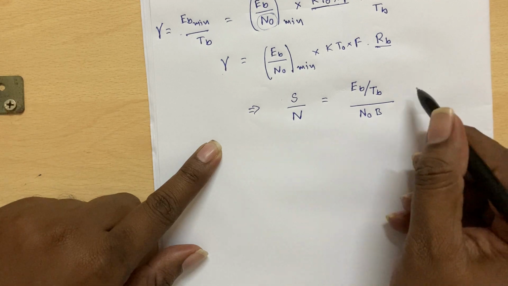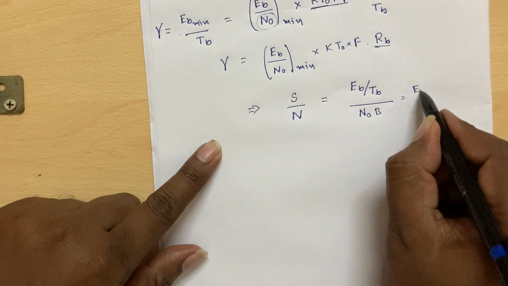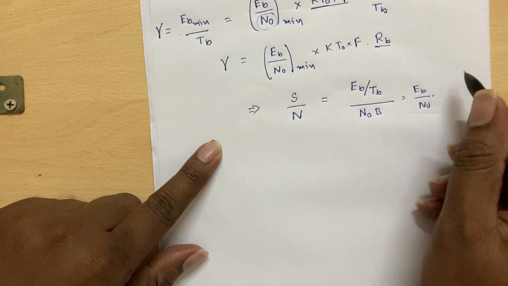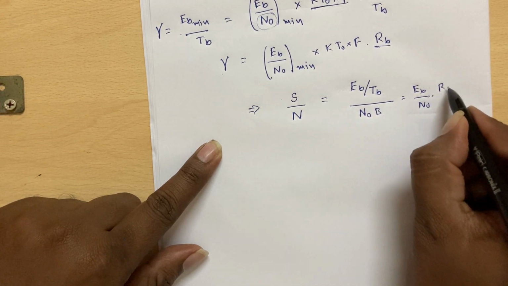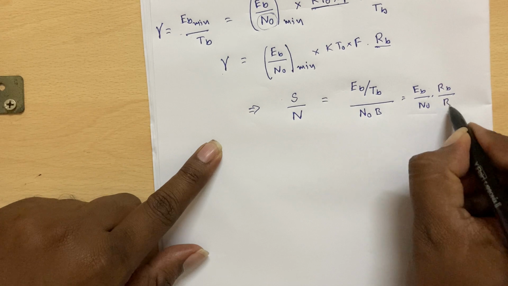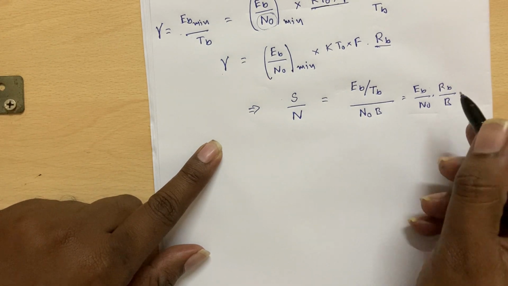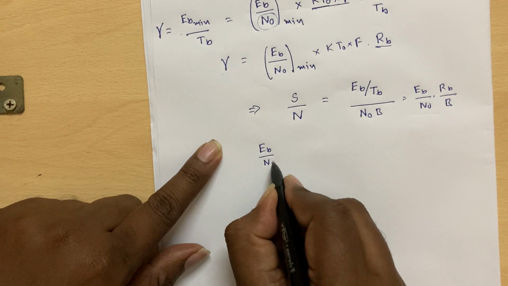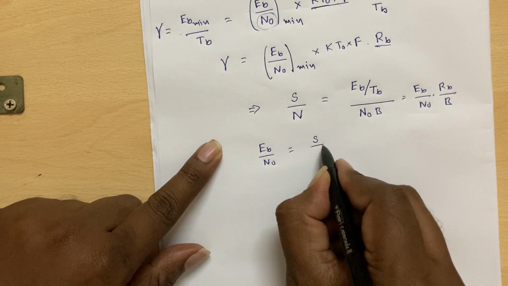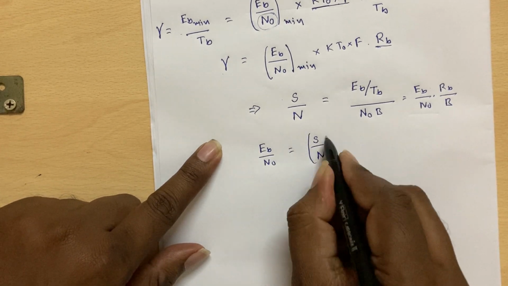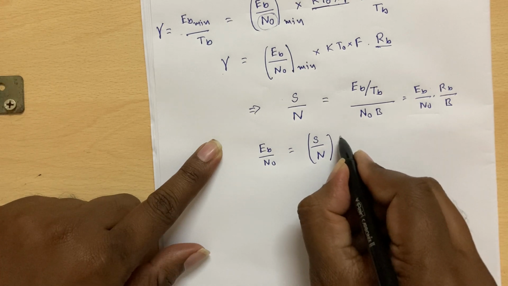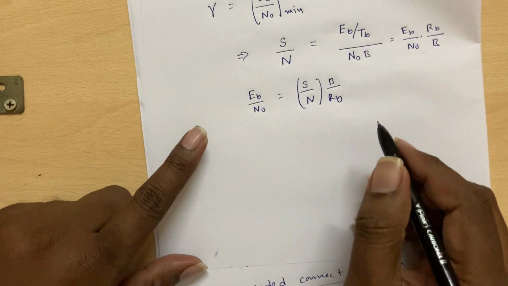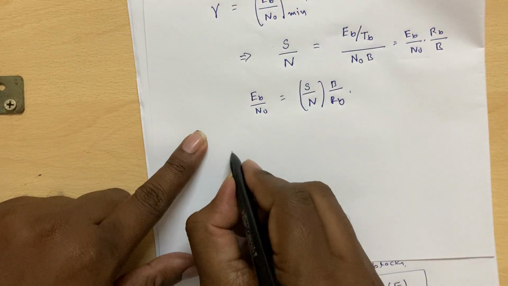So from here Eb by N naught, writing 1 by TB as RB, is RB by B. So Eb by N naught is equal to, in terms of signal to noise ratio, S by N into B by RB.